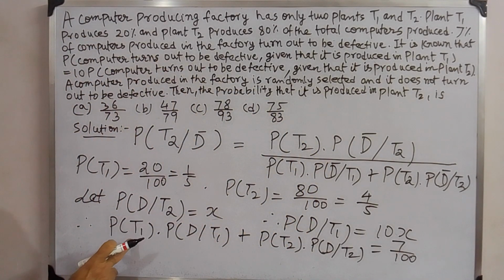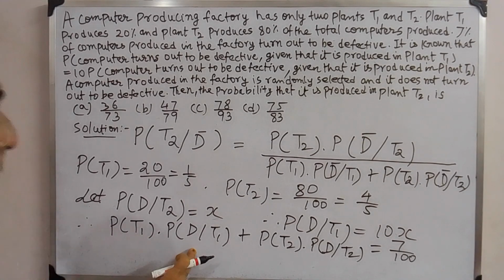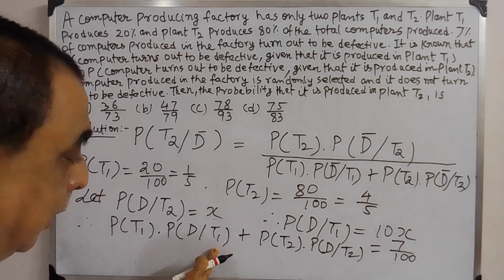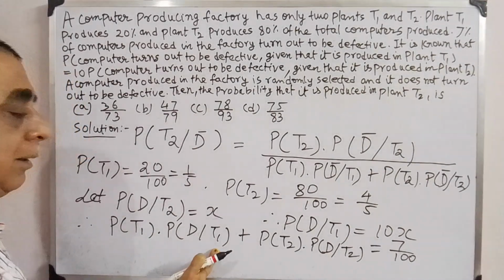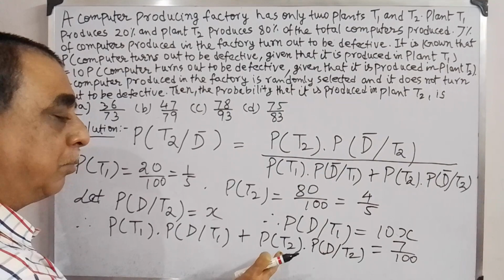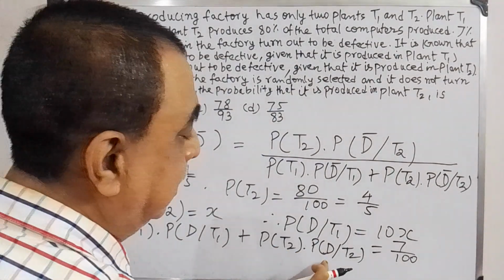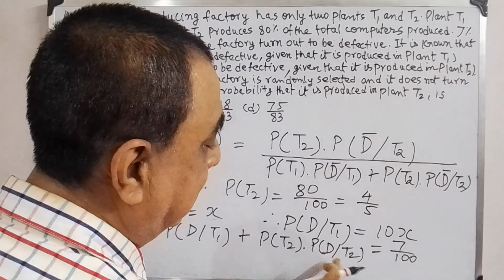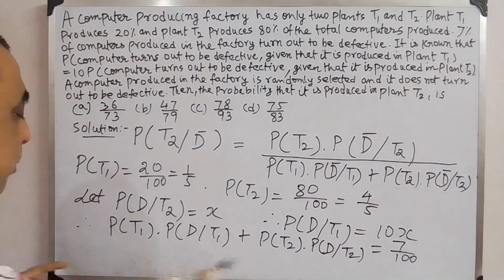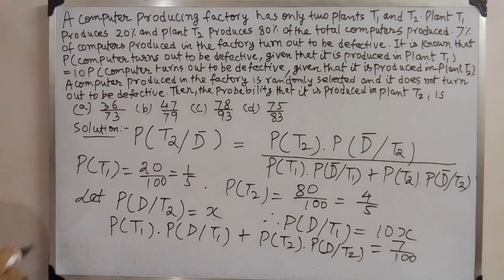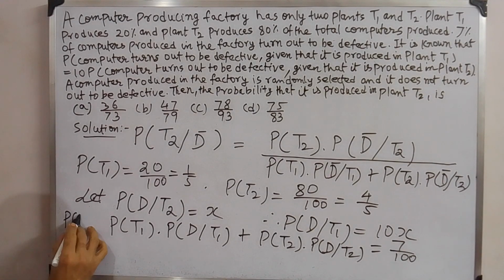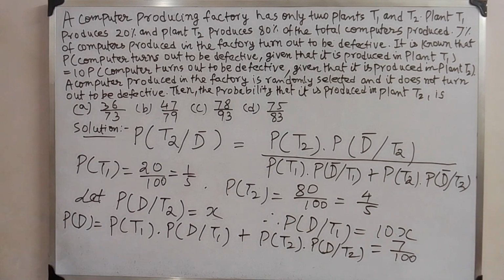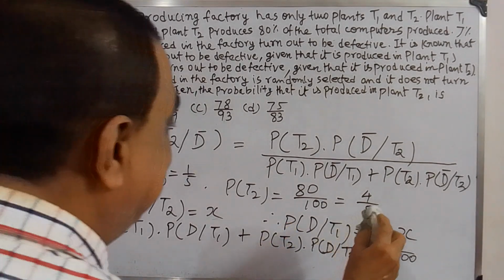This will be the total probability of defective computers, which according to the question is given to us as 7 by 100. So from here we will get the value of x.